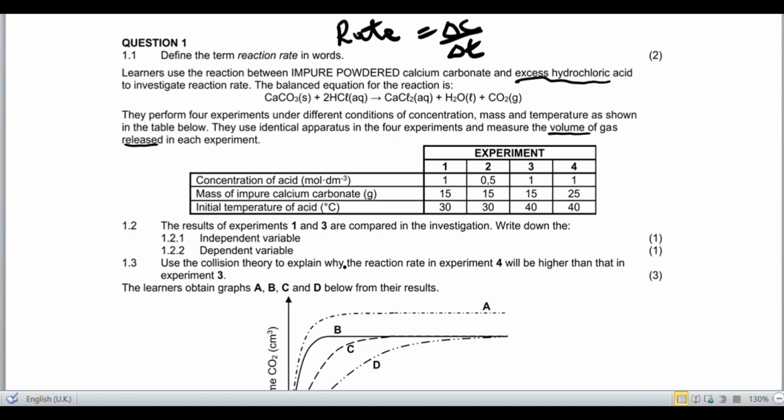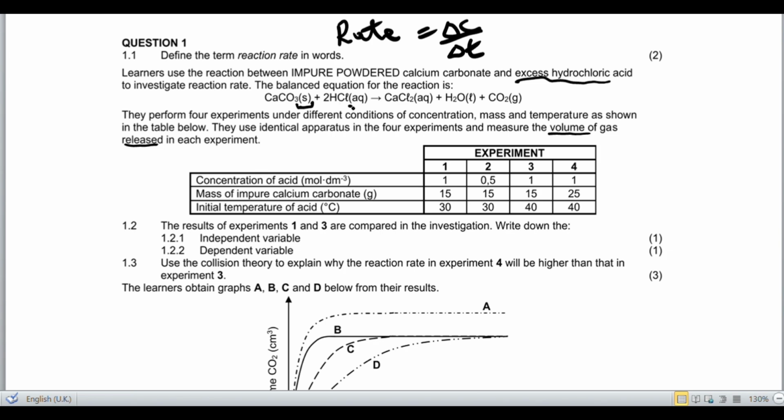Then another thing that is very important when we are dealing with rate of reaction is that we must look at the state of matter. For example, here, calcium carbonate is a solid, which means we cannot talk about concentration for a solid. Remember, we talk about surface area for a solid, okay?